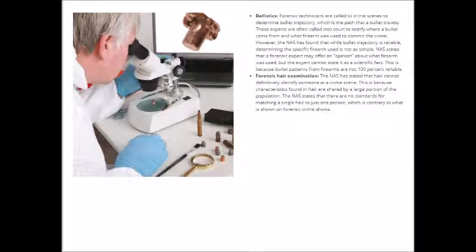Ballistics, for example, I can often tell you what kind of gun shot it. I can often tell you how close the gun was to the victim, but I'm not always able to tell you if it was the exact gun that you suspect. Hair examination, the same thing. There's no DNA on a strand of hair. Now there may be at the roots, but not necessarily.